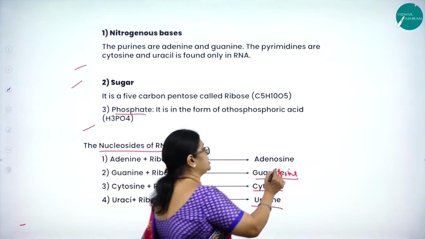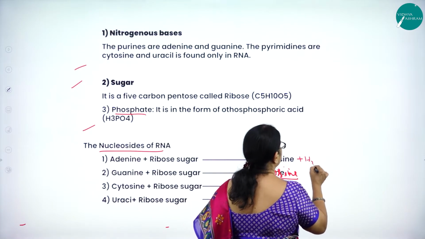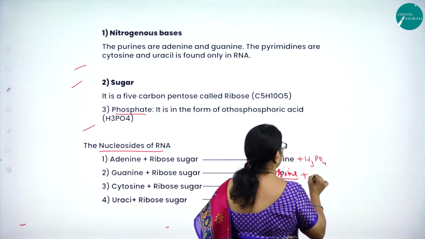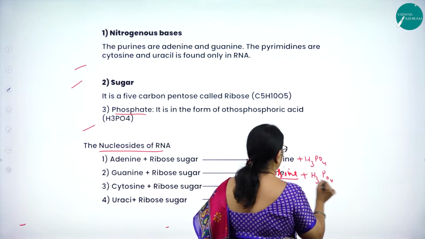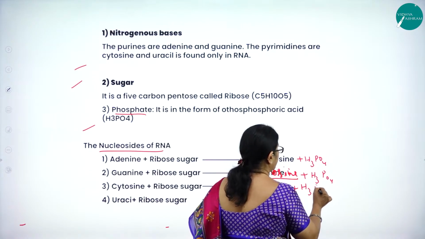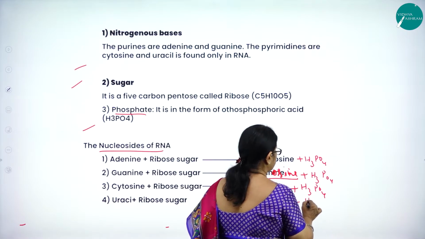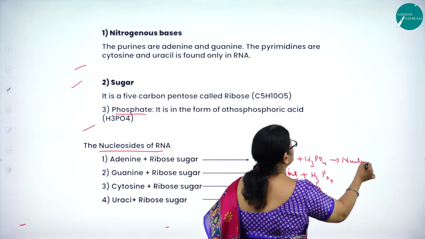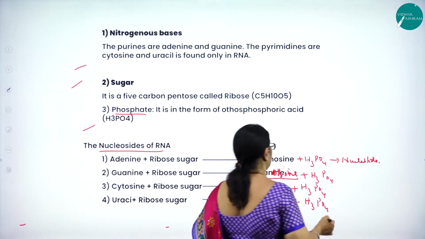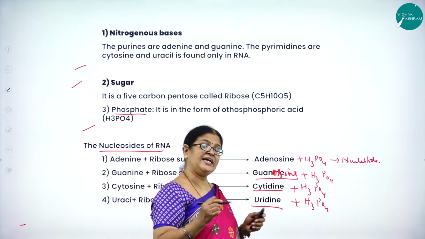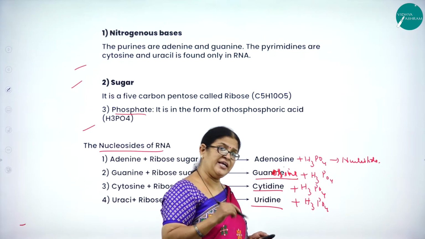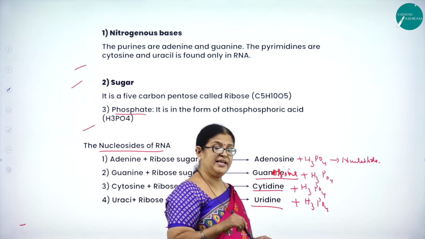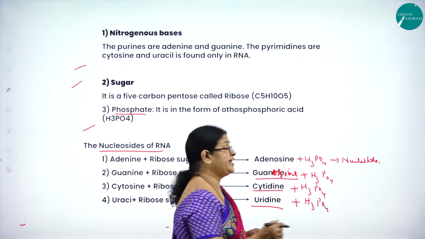If you add H3PO4 to each of these, it is going to form a nucleotide. What is the nucleotide here? Adenylic acid. Here guanylic acid. Here cytidylic acid. Here it is uridylic acid.